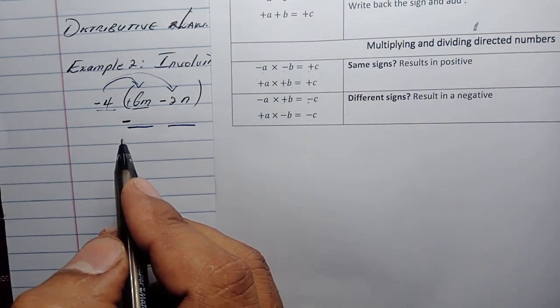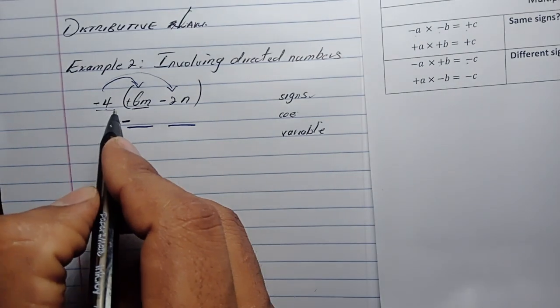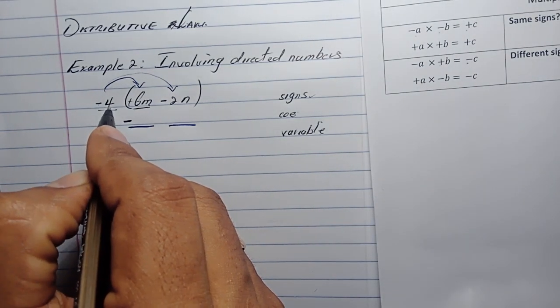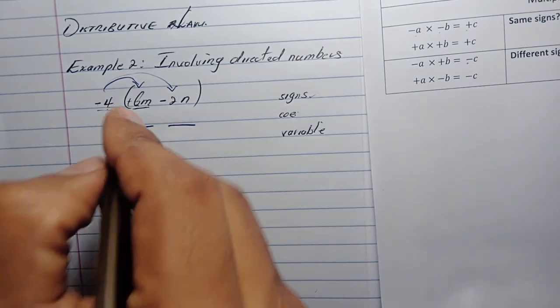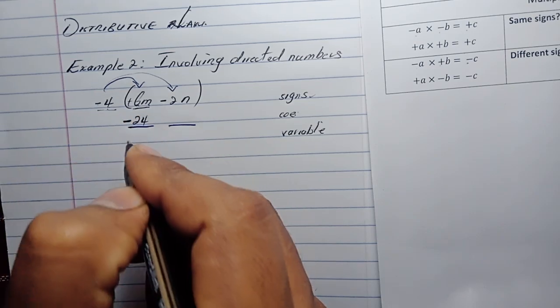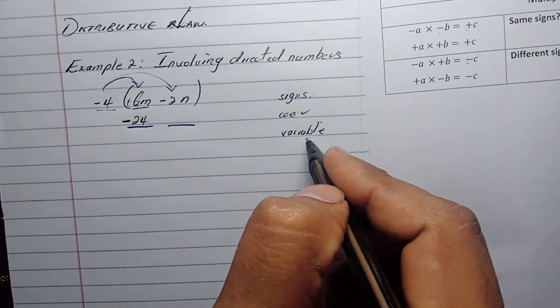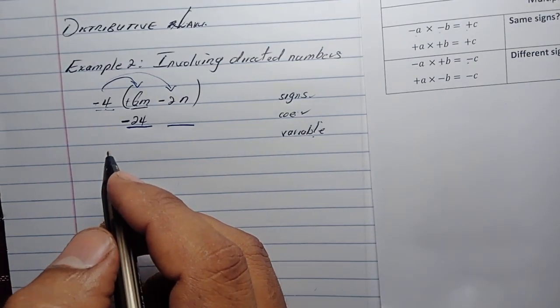Next, we have to multiply the coefficients, the numbers. All right, no problem, let's just do that. This is the coefficient here, and this is the other coefficient. 4 times 6 is 24. All right, put a tick right there. Next, we do our variable. So variables are the letters.